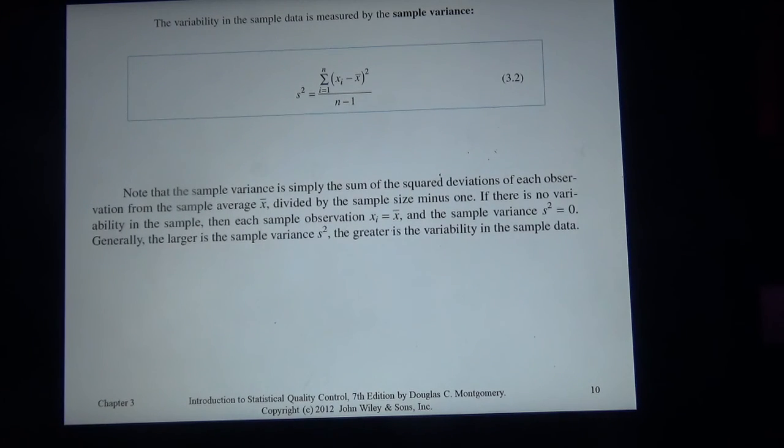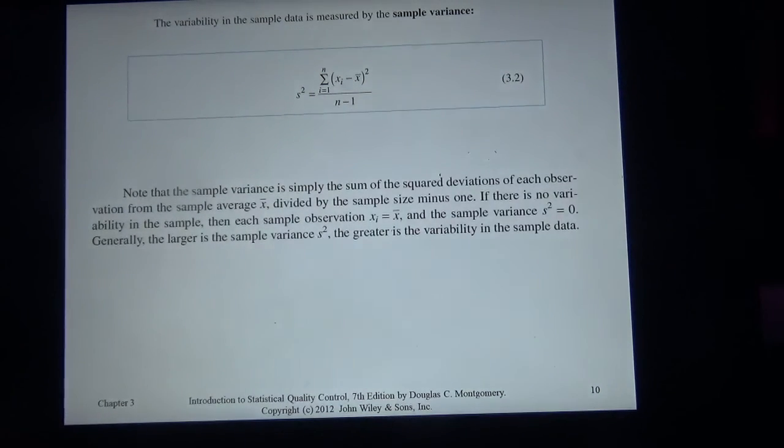In the population, you divide the numerator by big N. The population can be 10,000, 100,000, but when we take a sample and calculate the sample variance, we divide by n-1. Now why? To explain this, I need to draw some things for you.